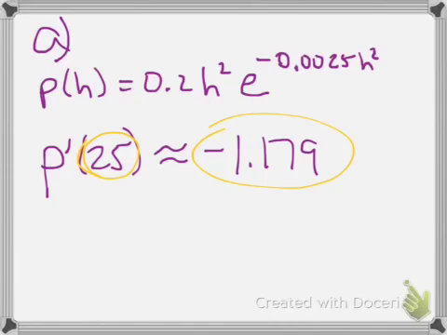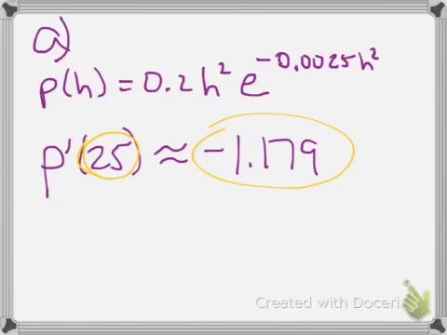Now we took the derivative of that, so it's going to have another per meter there, because we're differentiating with respect to the depth, which is given in meters. So we take the units we were given and divide that by meters. So this represents, at a depth of 25 meters, the density of plankton cells is changing.